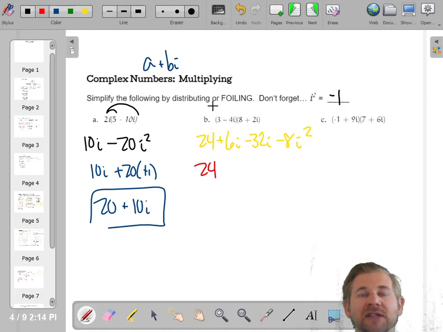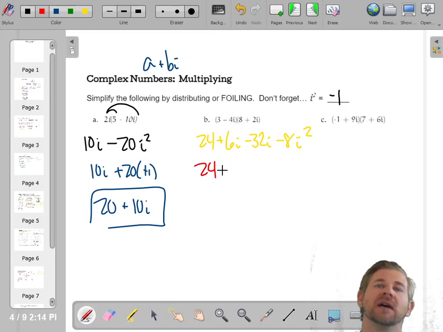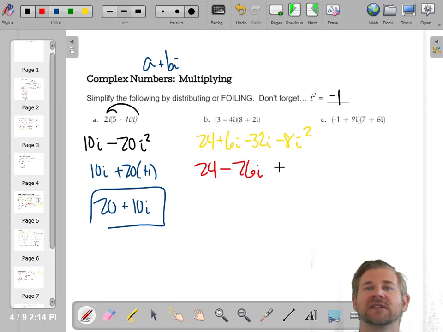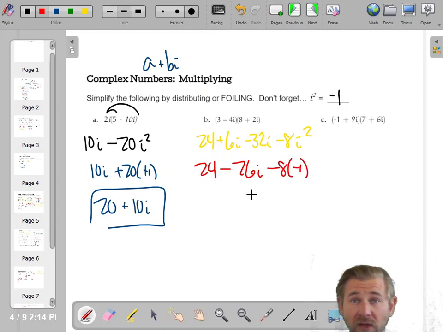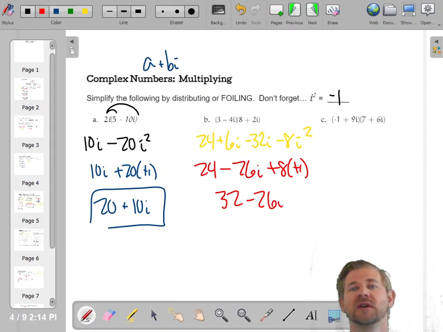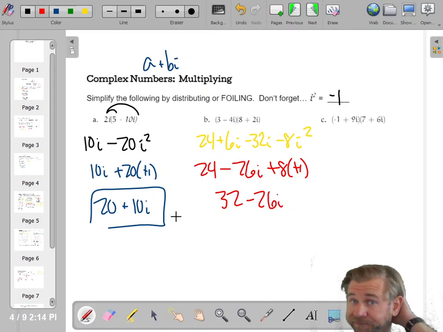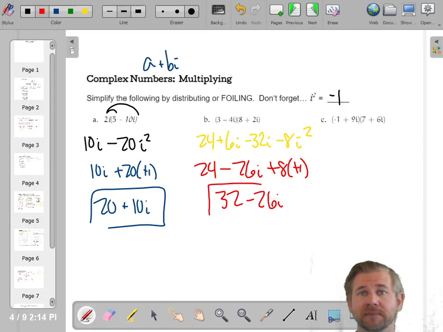So we do 6 minus 32. We end up with the imaginary part, but I'm going to have to come back to this. 6 minus 32 is -26i, and then this is -8 times -1. So -8 times -1, that's positive 8. And 8 and 24 make 32, so 32 minus 26i. Kind of tricky.